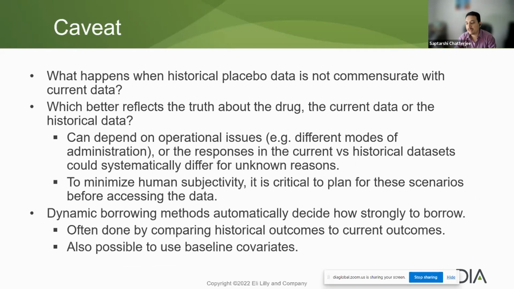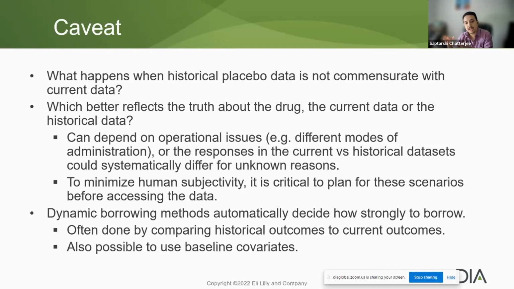If we have dissimilar data, and only one historical placebo data and the current data, and they don't match properly, and we feel that baseline characteristics are pretty similar because of the master protocol and not two different criteria, then what better reflects the truth about the drug, whether this is the current data or the historical data?